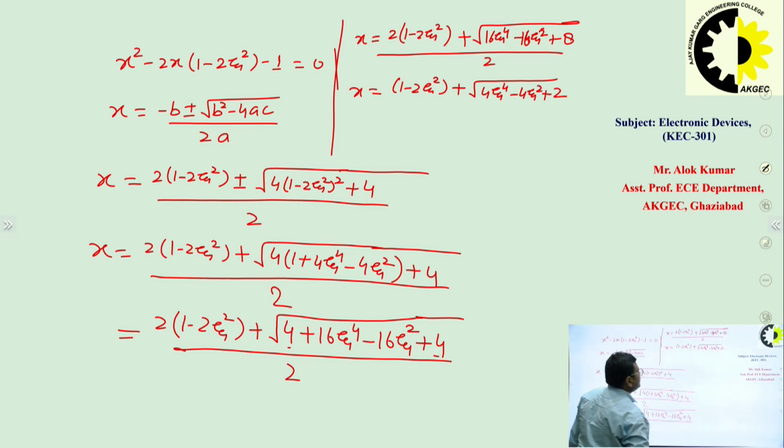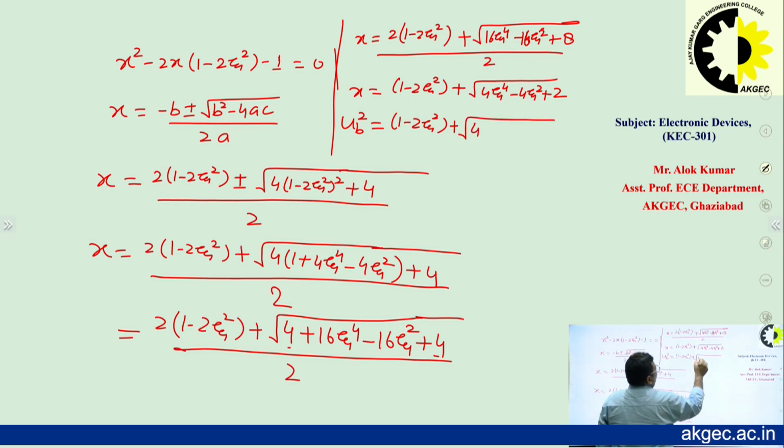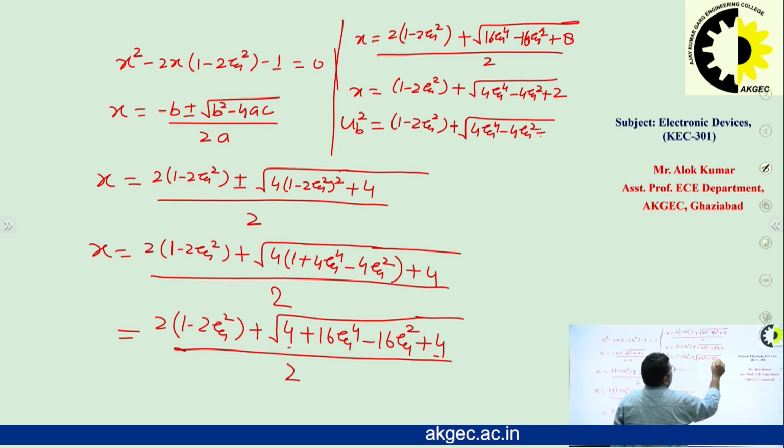So this will be the expression of x, and we have considered x is equal to ub square. So ub square will be 1 minus 2 zeta square plus under root of 4 zeta to the power 4 minus 4 zeta square plus 2.